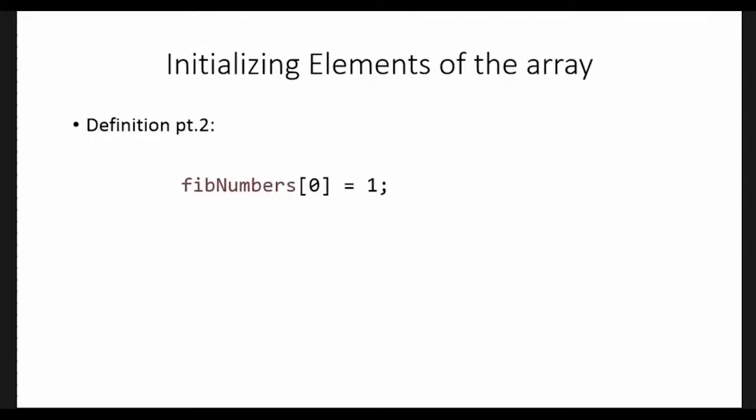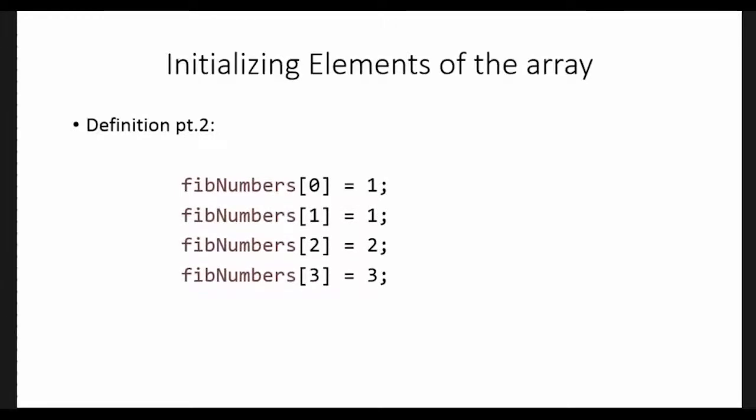This is how you refer to the first element in the array. You put the index here, right after the array name, and you have your square brackets that encompass your index. So just like when you're giving a variable a value, you put the variable name gets a value. Well, here you do the array name with the index gets a value. So we've got 1, 1, 2, 3, 5.